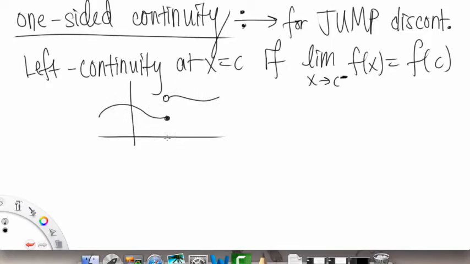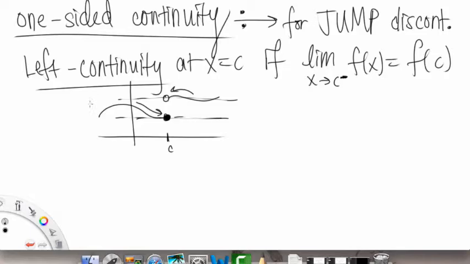Here's our point c. From the left, we're going along, so this is our limit from the left, at this level here. And from the right, we're all the way up here for our value. But the point f of c agrees with the limit from the left.